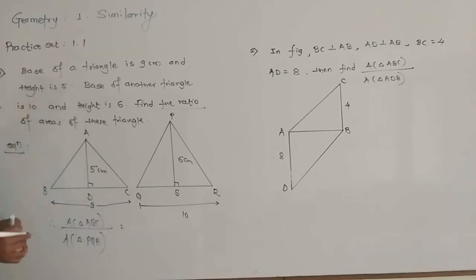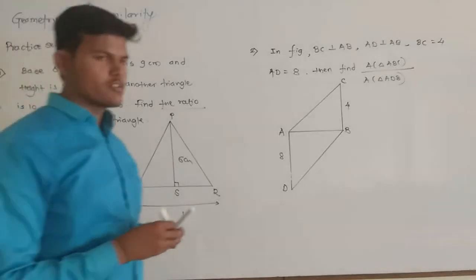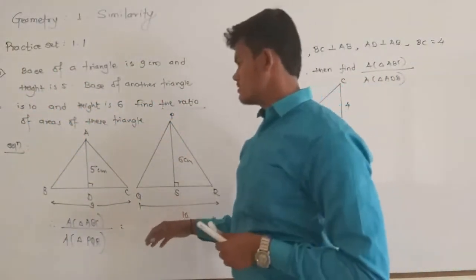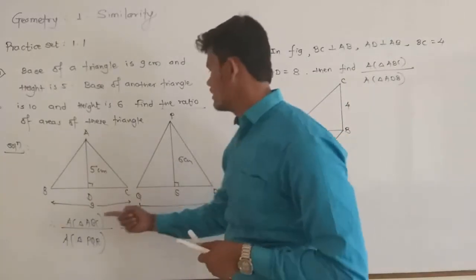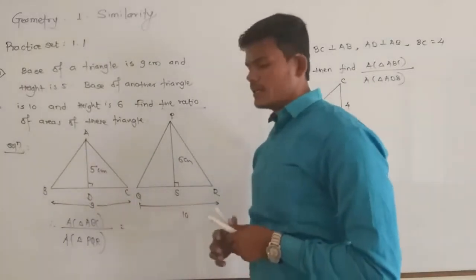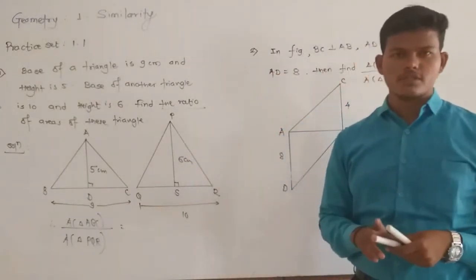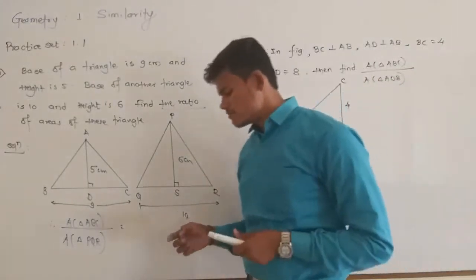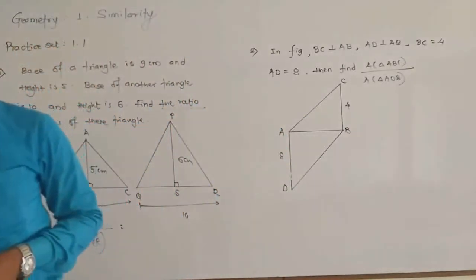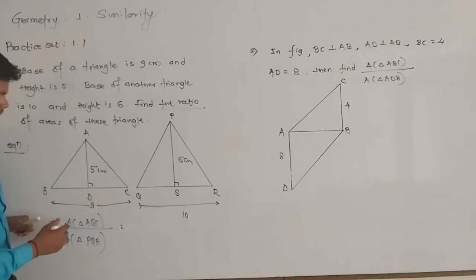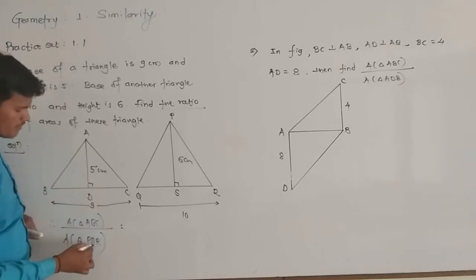So by using properties of ratios of areas of triangles, which property applies here? For both the triangles, their heights are different and their bases are also different. And if two triangles have different heights and different bases, their area is proportional to the product of their bases and corresponding heights. That means area of triangle ABC to area of triangle PQR.